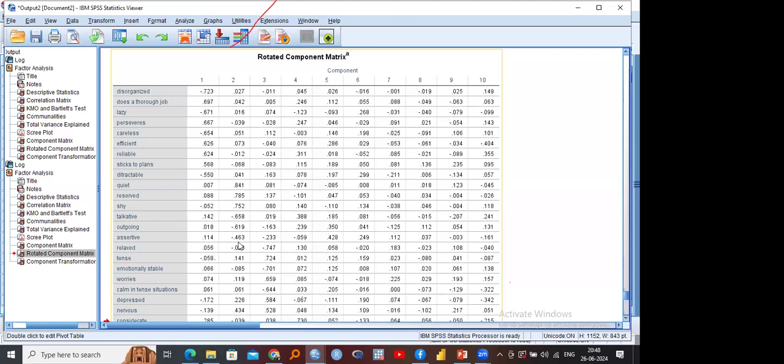We are trying to make groups out of these 44 variables or 44 traits. So basically, I've tried to find out that from disorganized to distractible, they come under one trait. So rather than taking all of them, you can remove those which have less value.